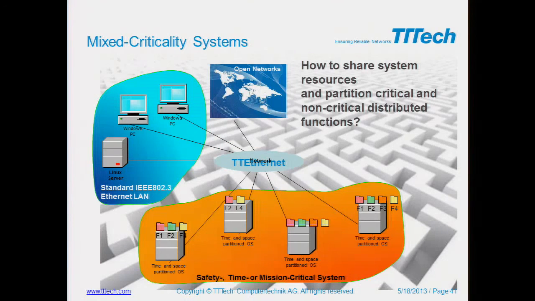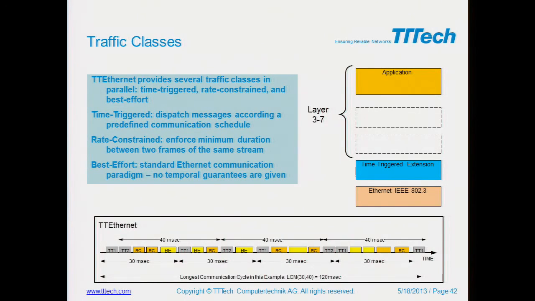And FlexRay controllers are even more expensive than the TTP controllers. So there was a time in which these things were included in the cars, but the advent of the TT Ethernet and AV Ethernet is the way of the future. It is much less expensive and much more performing. So that's the way in which we are going to go.